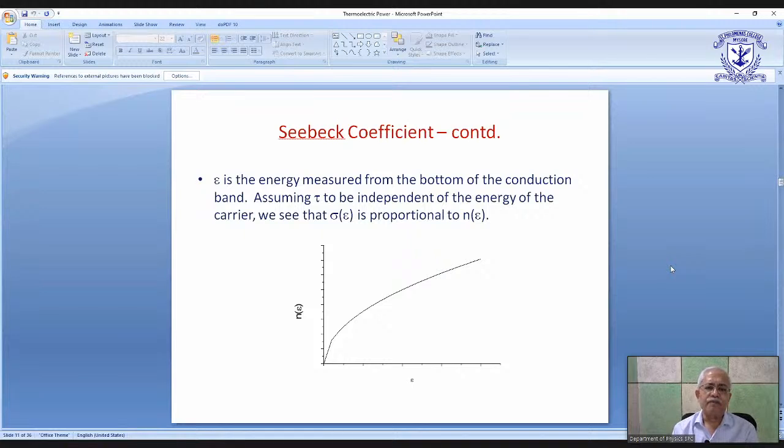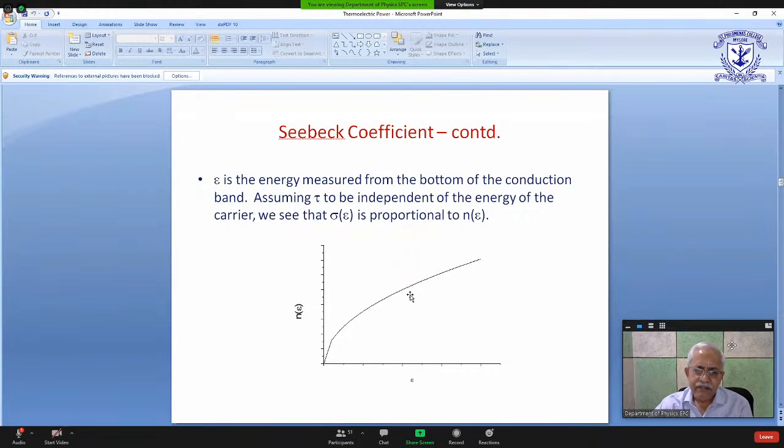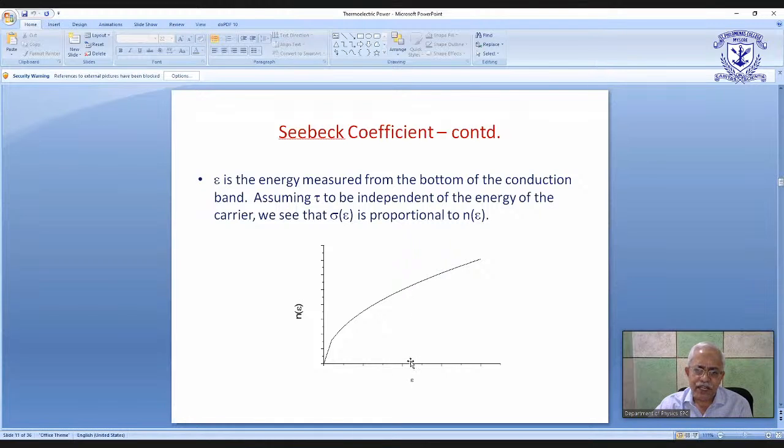Now we also know that at a certain value of epsilon, you have what is called the Fermi level. So in actual practice, this graph will decrease down for practical semiconductors, and this reduction in the value of n happens close to the Fermi level.